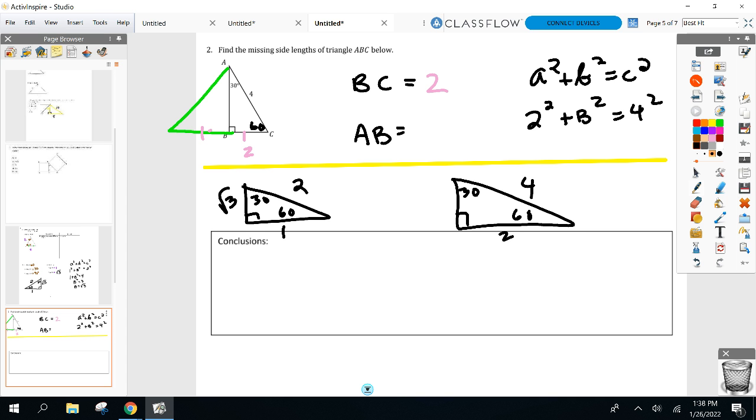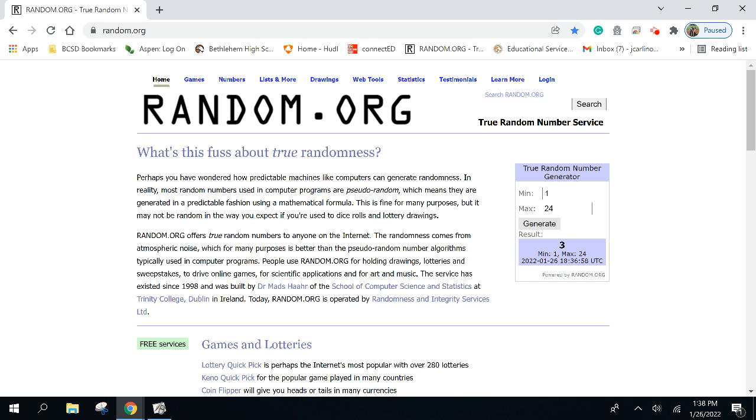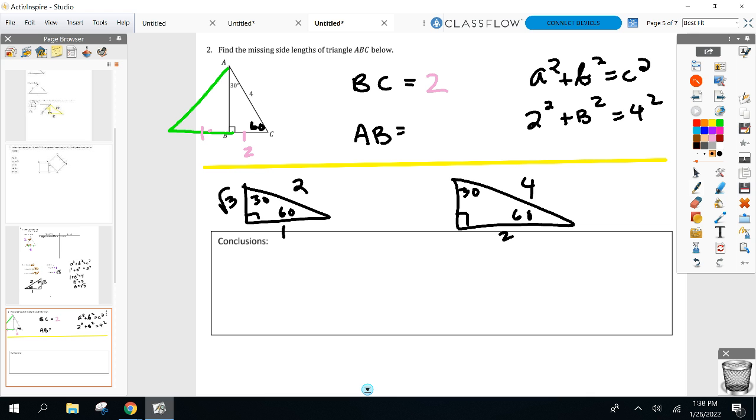What'd you get? What did we get for that other side? Simplest radical form. 2 radical 3. Yep, 2 radical 3.